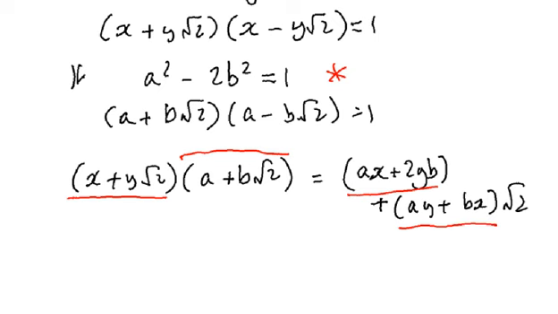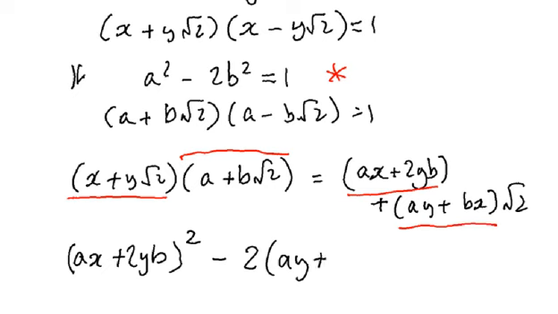This is what you've got here. It's spectacular. We now know that (ax plus 2yb) squared minus 2 times (ay plus bx) squared equals 1.